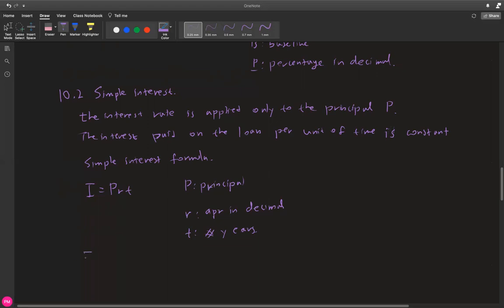And the future payoff, in other words the total amount that you owe, is given as F equals P plus I, which makes sense because the future payoff would be the principal, the money that you borrowed, and the interest on top of it. You can express this as P plus PRT, or simply P multiplied by 1 plus RT. They're all the same formula.